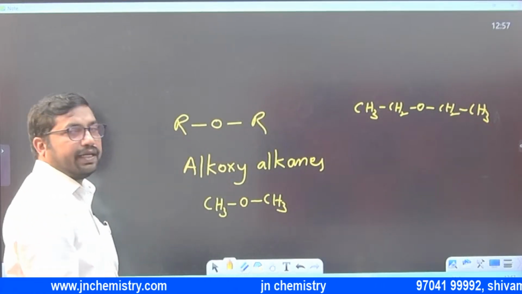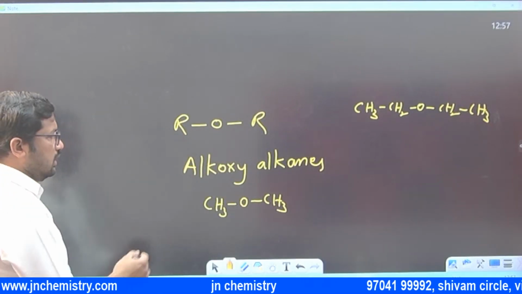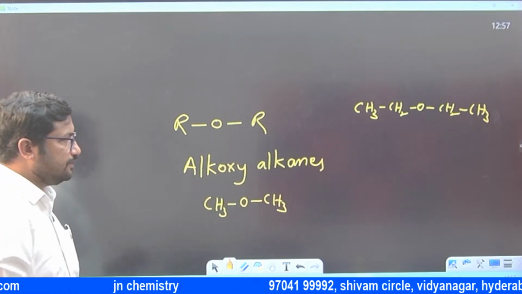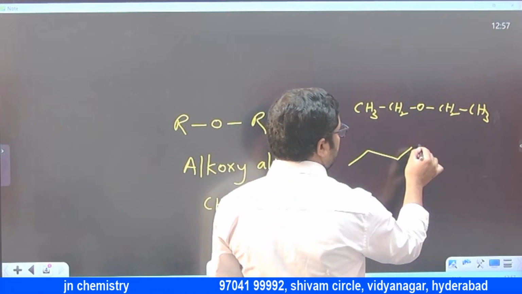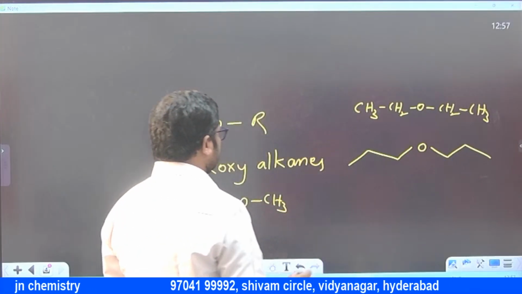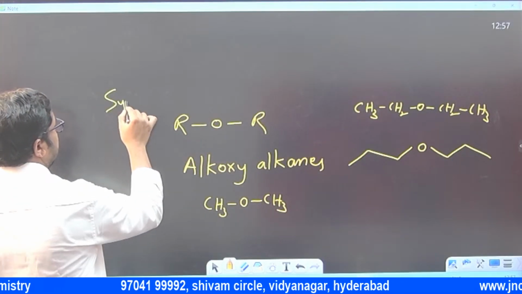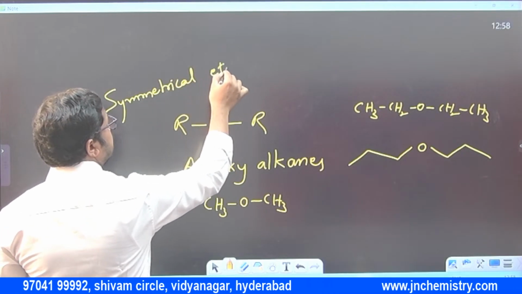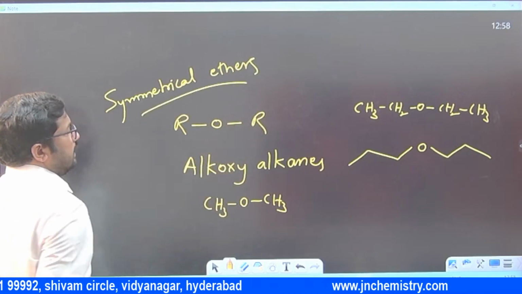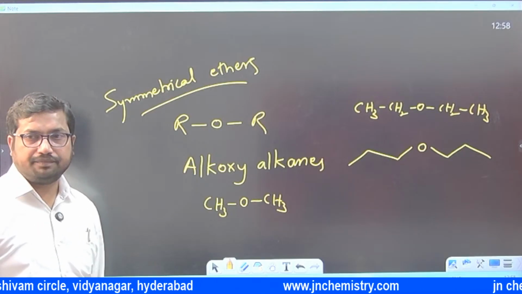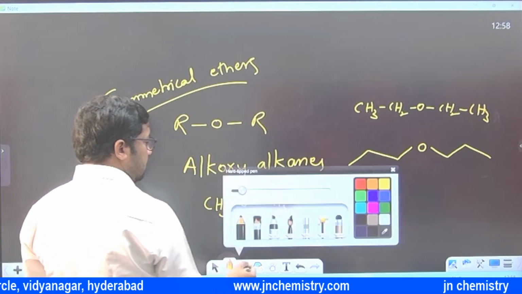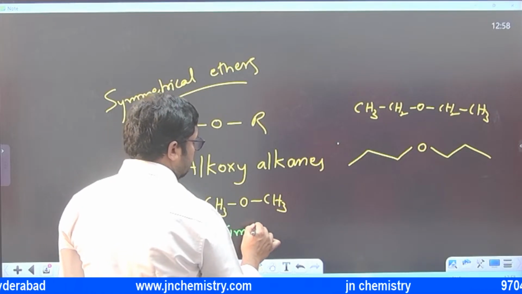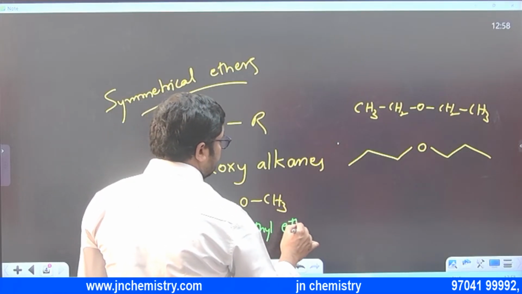So common name also we can use in case of symmetrical ethers: dimethyl ether, diethyl ether, dipropyl ether, like that. Okay, so symmetrical ethers, write it down. So is it clear? Dimethyl ether, this is common name, Nana.